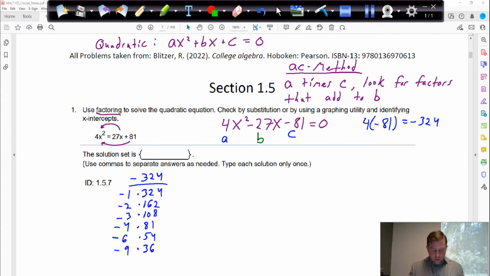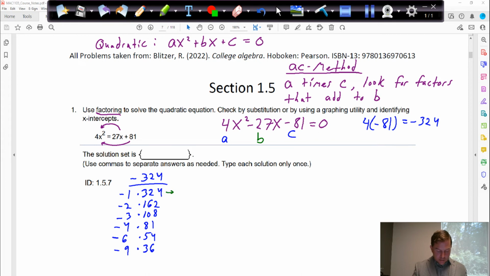So you can kind of systematically do this. You just take your number, 324, and you start dividing by 1, then 2, then 3, then 4, and you write down. All of these factors here multiply to become minus 324. But what we're looking for is, what do they add up to?